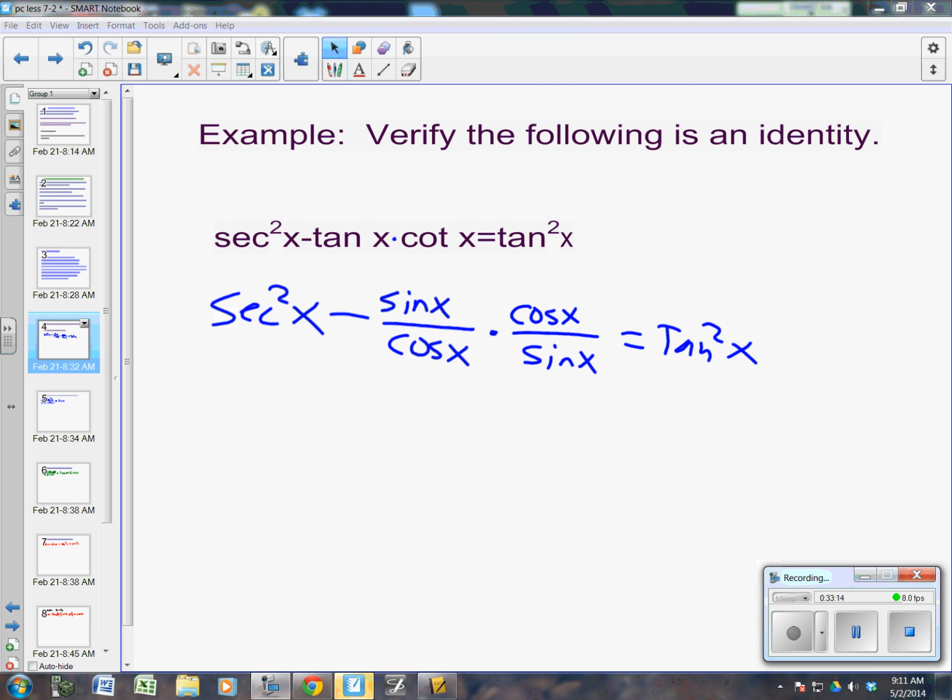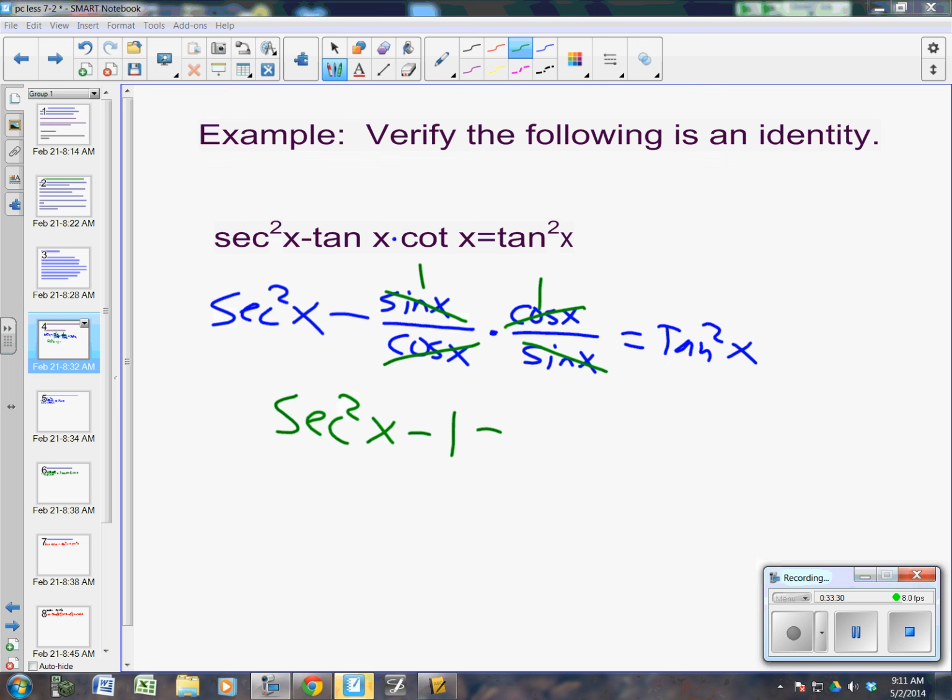Now, a lot of you got right here and weren't sure what to do. Well, how many times does sine go into sine? Once. How many times does cosine go into cosine? What's 1 times 1? So now I have secant squared of x minus 1 equals tangent squared of x. Now, what's secant squared of x minus 1?